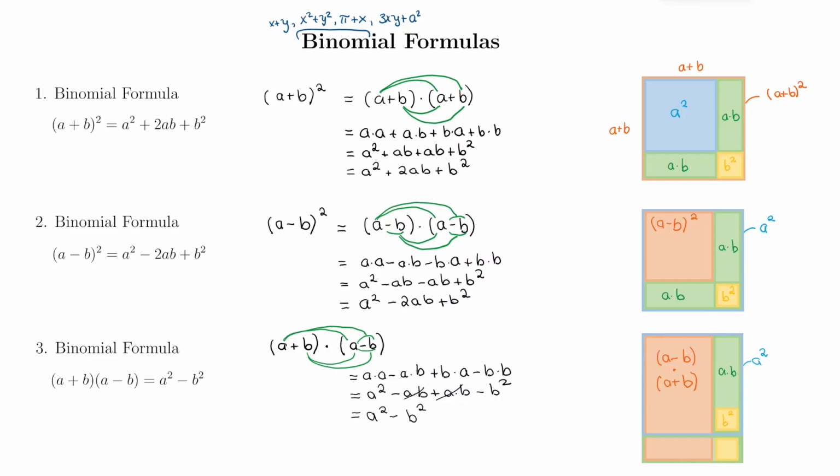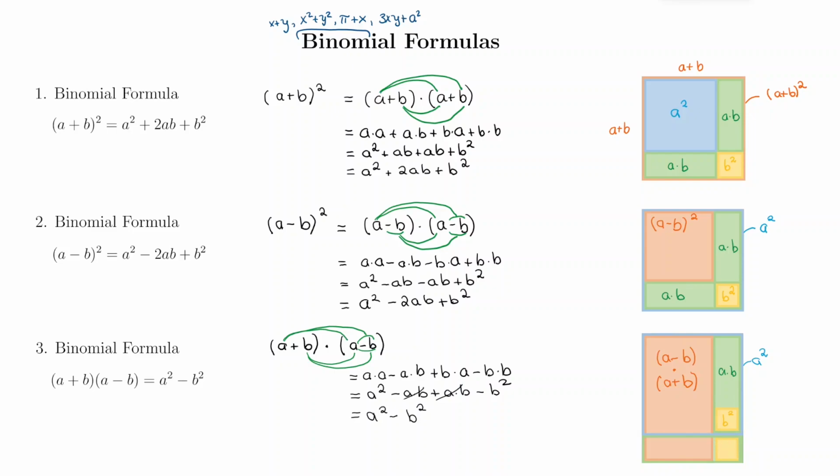And then if we have a look at this, it nearly is our orange rectangle, but we still have this part which we don't want. So we have to subtract from this a square this little part which is b square.